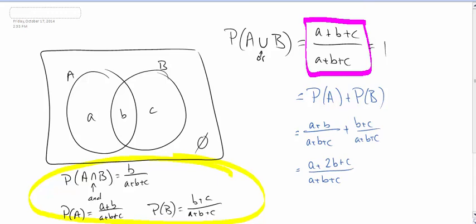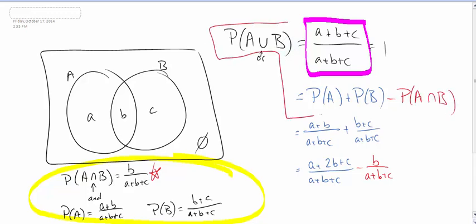What we need to do is subtract, in order to get these two things to be the same, there and there. We need to subtract B over the total. And that's the probability of A intersect B. So here is a probability rule for us.